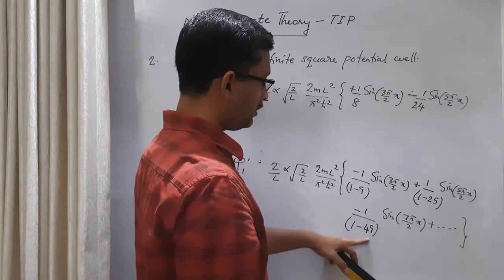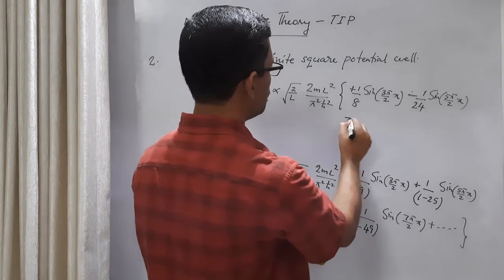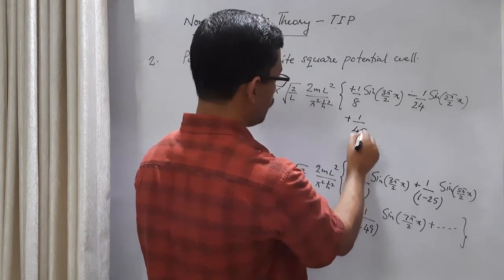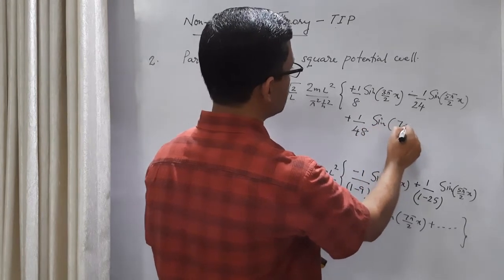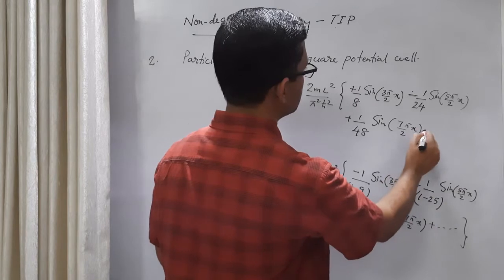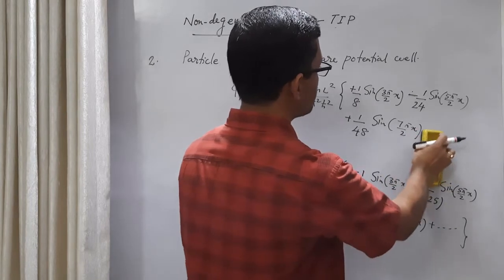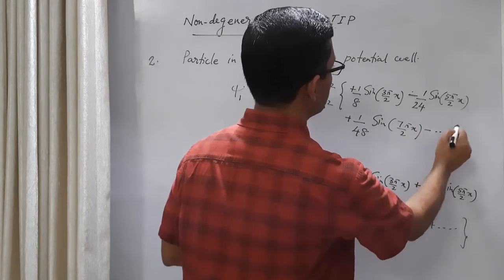The denominator will be minus and the numerator is minus, so plus 1 by 48, 1 minus 49, sine 7 pi by 2 into x. The next term will be minus, and so on.